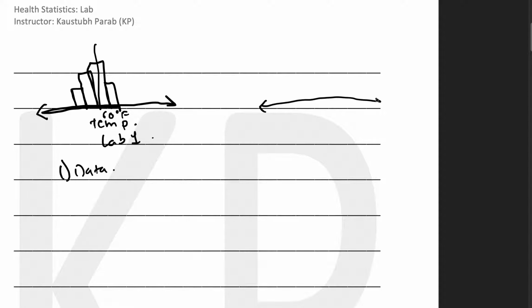Let's say now you have another data set from lab 2, and you want to see which lab is better for your experimentation purpose. Most commonly this can be done for microbiology experimentations. So you need to know the temperature in the lab, right?